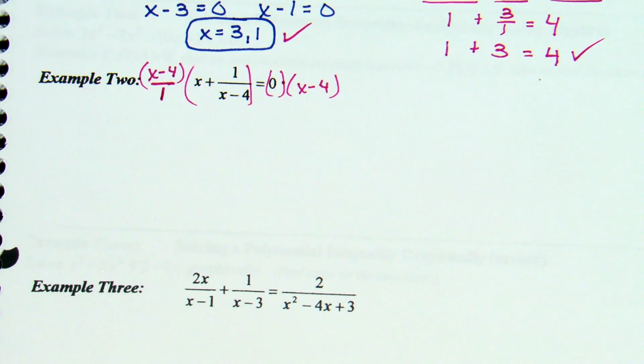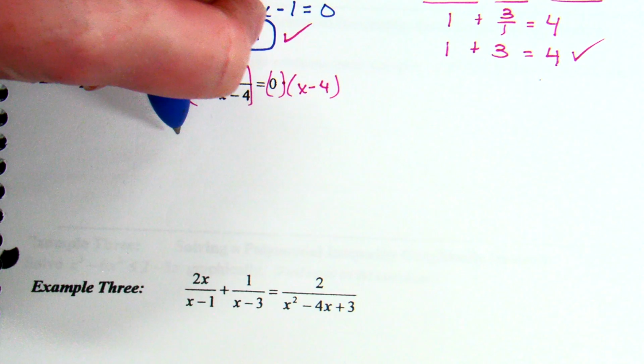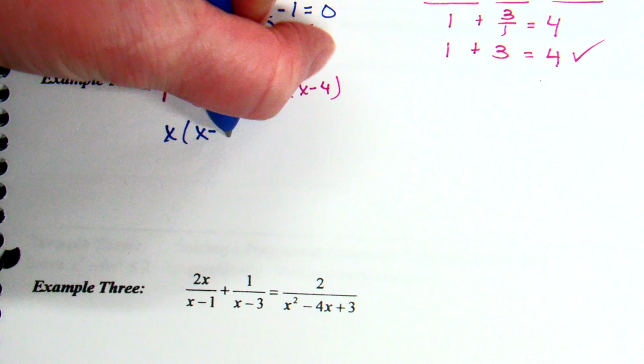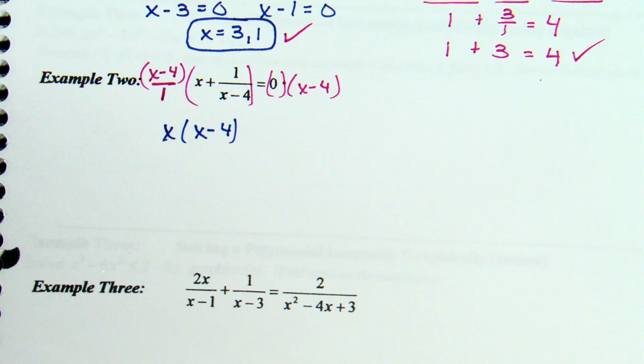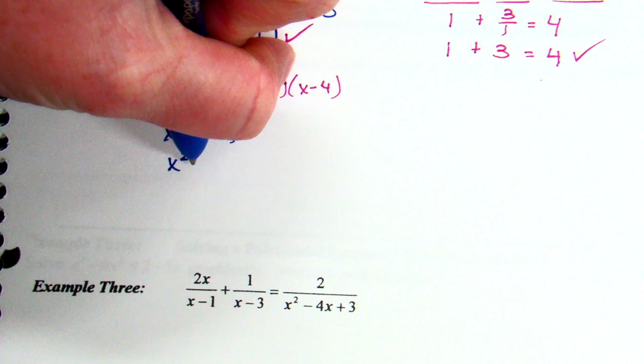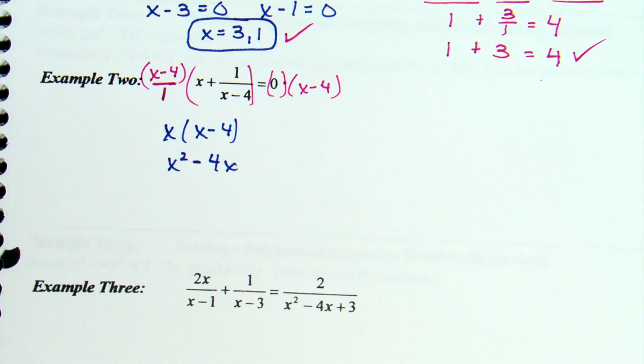How do we multiply x minus 4 times that first x? Okay, it's going to be a distribute. And I'll write it down both ways. You can start off by thinking of it as x times x minus 4. If you want to skip that and go ahead and distribute, when you distribute this, it would become x squared minus 4x. Okay, plus, what happens when you multiply x minus 4 times 1 over x minus 4?